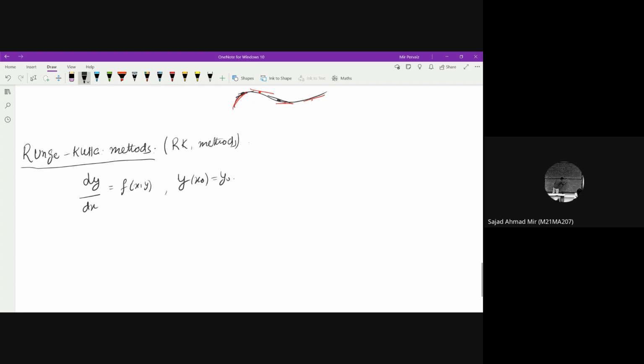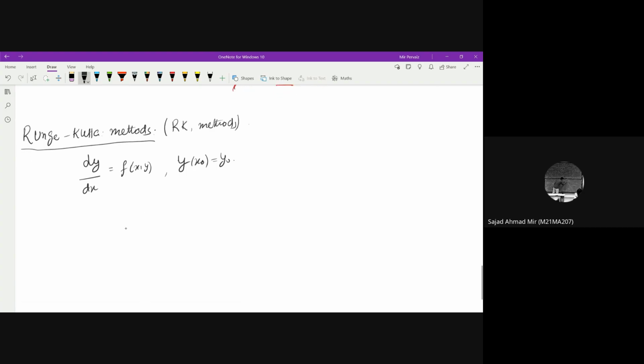This is your IVP. Now what this scheme is assuming is that at any new point yi, you are calculating the value using the previous value, that's the information of yi, plus some lambda. Now what this lambda is, that's what we will see.